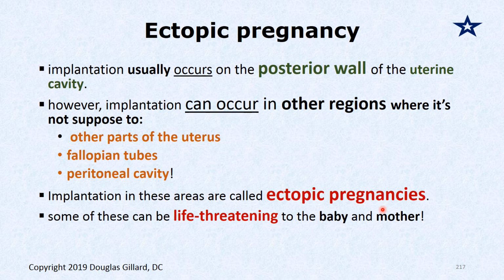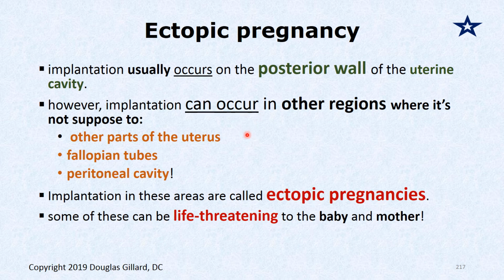All right, ectopic pregnancy. I thought we talked about this already, but if not, implantation usually occurs on the posterior wall of the uterine cavity, as I showed you at the start of the video. However, implantation can also occur in other regions where it's not supposed to. I swear we talked about this before, but I'll have to go back and check. Actually, let me make a note of that. 217. Do I really need this slide in here again?